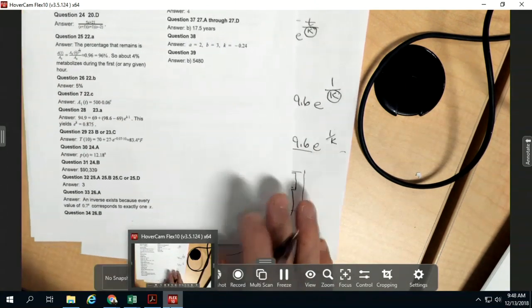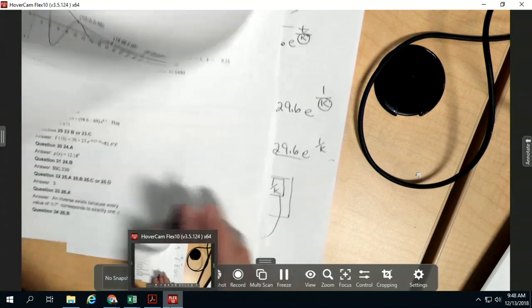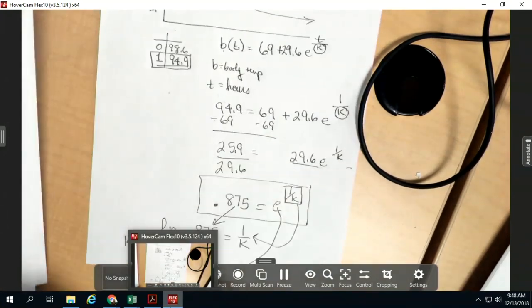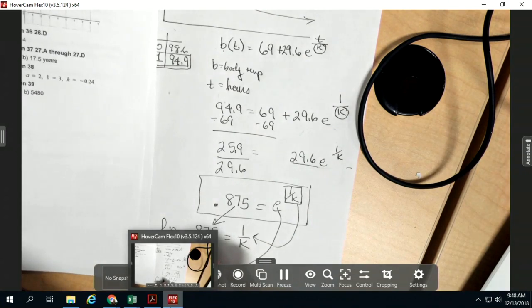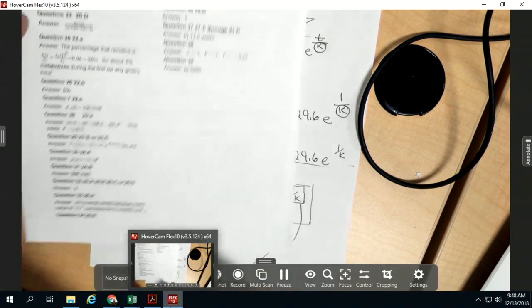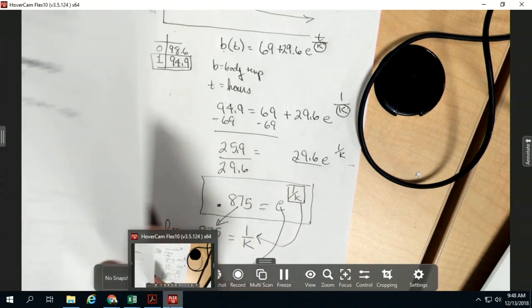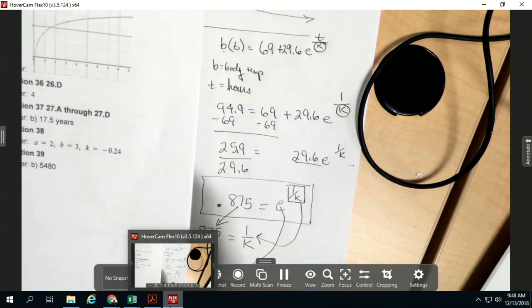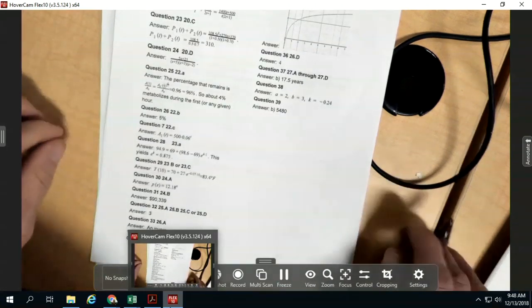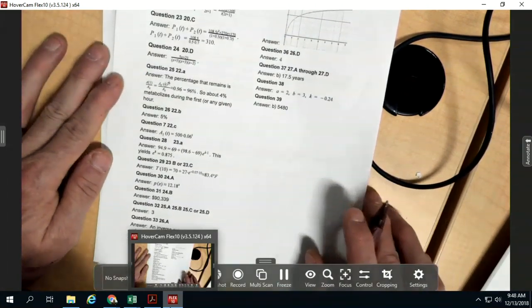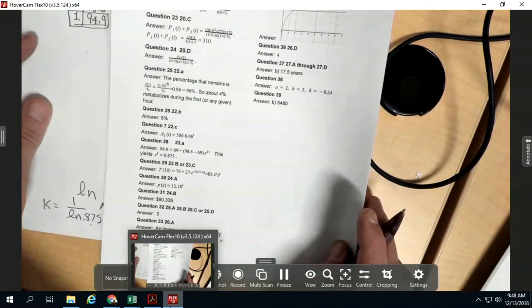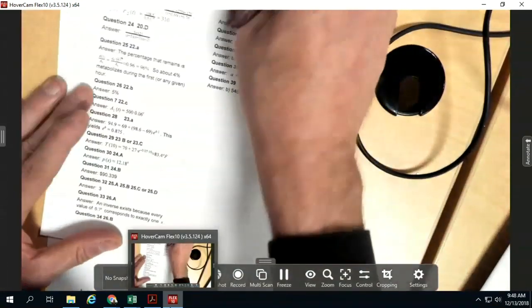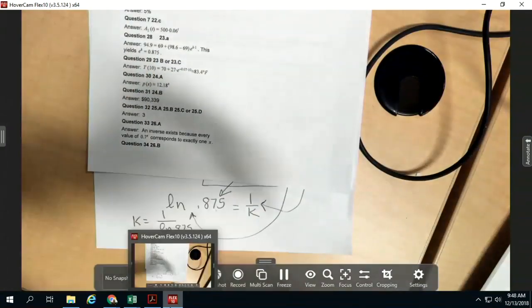And they say, which number is this? So they wanted us to leave it as 0.875. We just changed it to the reciprocal of that. So k is whatever that value is.